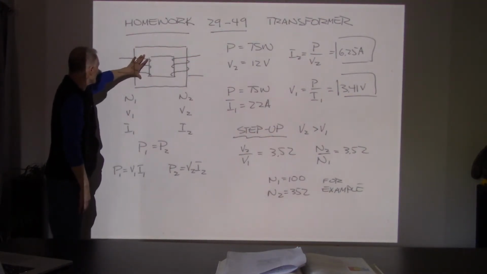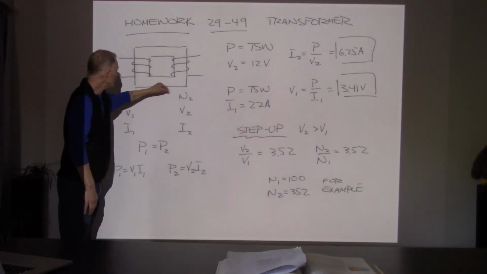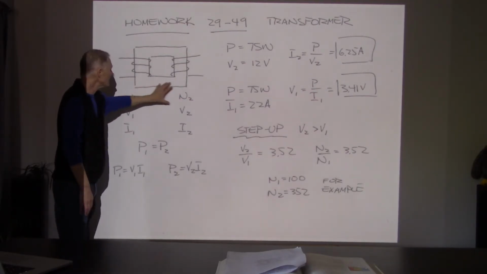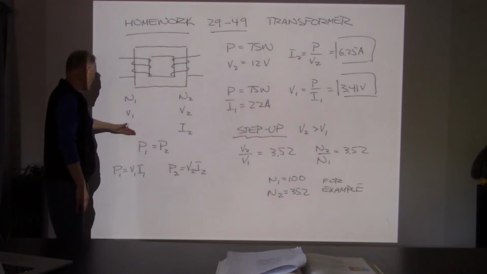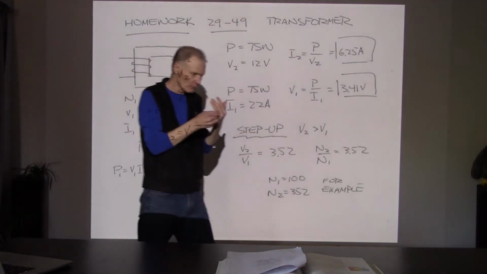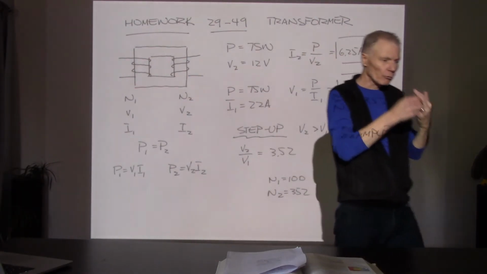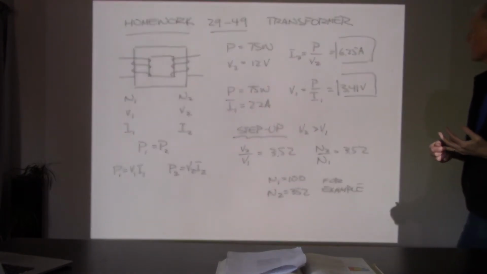So transformers, we said, have N loops on each side. There's a primary side, secondary side, and we said the properties we want to keep track of here are numbers of loops, voltage or EMF, current, and power.